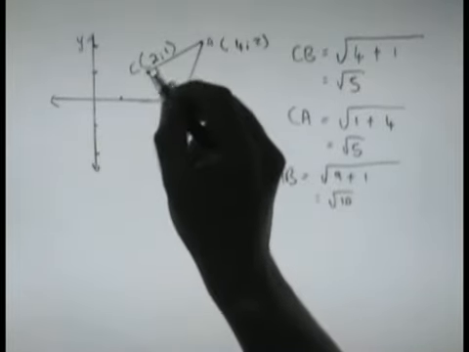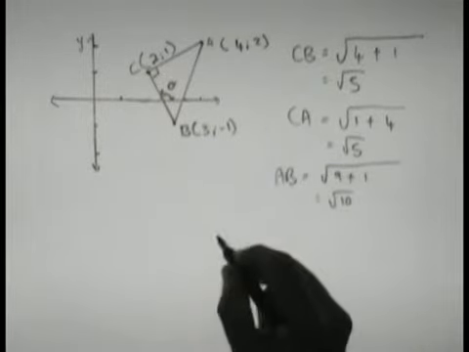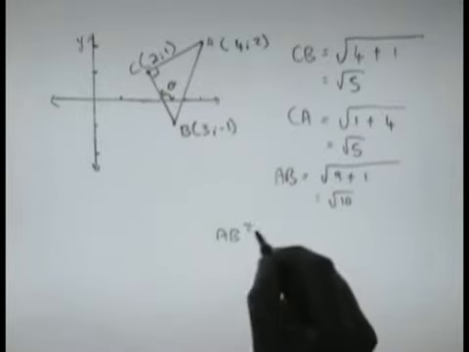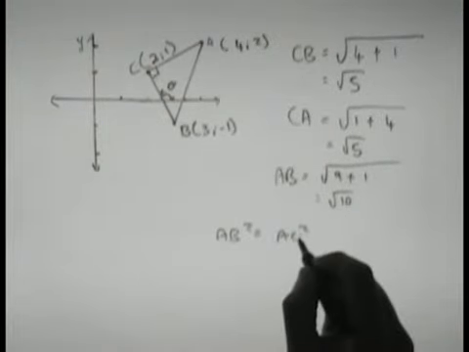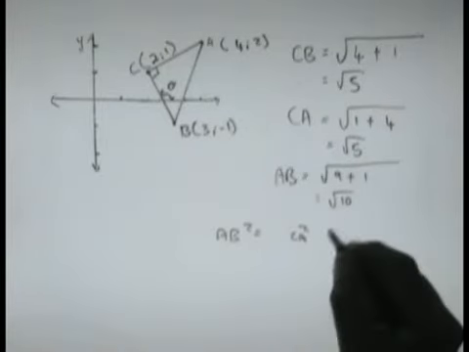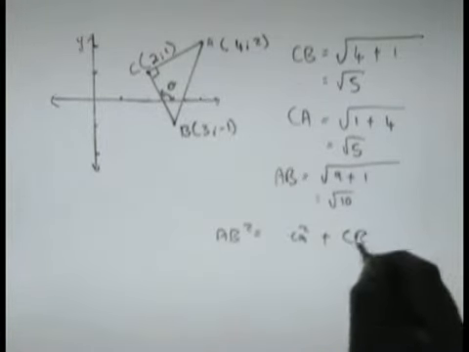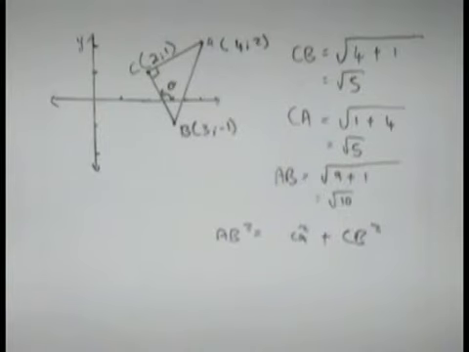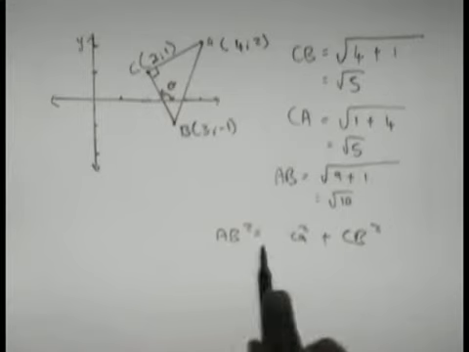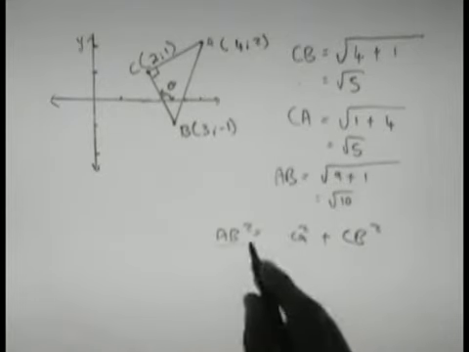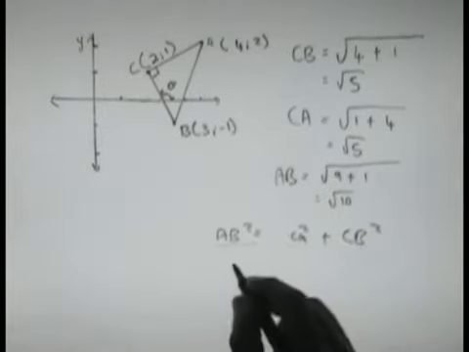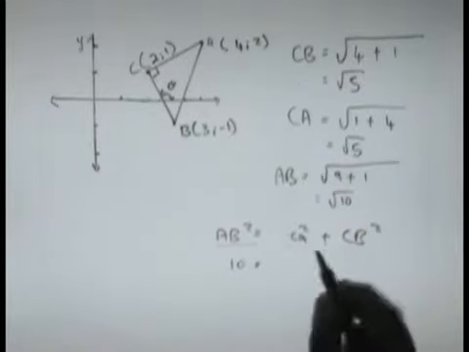If this is in fact a right angled triangle, it should follow that AB squared is equal to AC squared, or CA squared, let's work with CA squared, plus CB squared. The reason for that is that in a right angled triangle, the hypotenuse squared is equal to side A squared plus side B squared. AB squared, root 10 squared, is equal to positive 10.